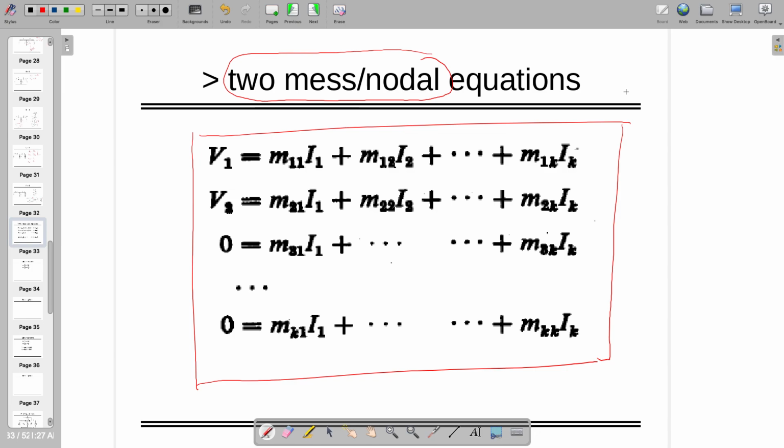That's because you lack expertise in KCL and KVL. So when you have more equations, you should not go by inspection or by KCL KVL. You can use one more technique, which is a little bit complicated.